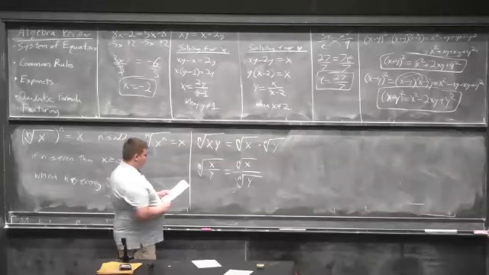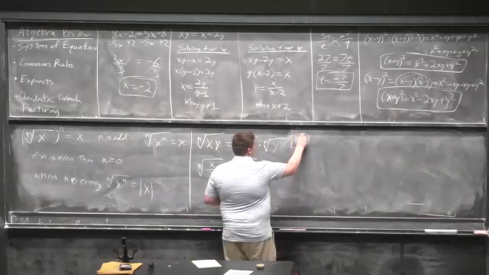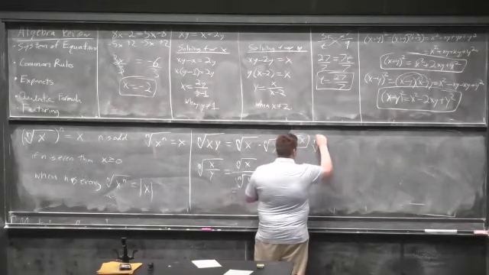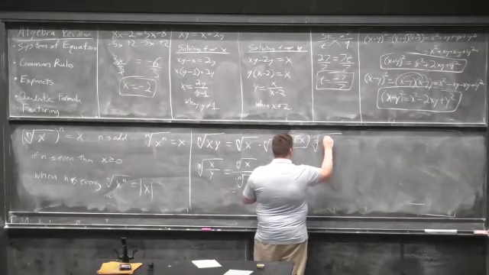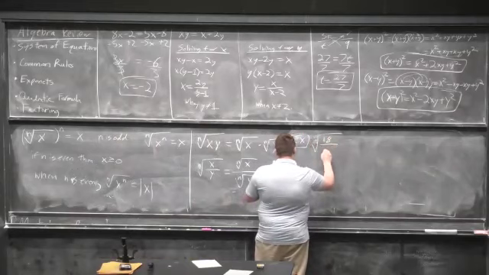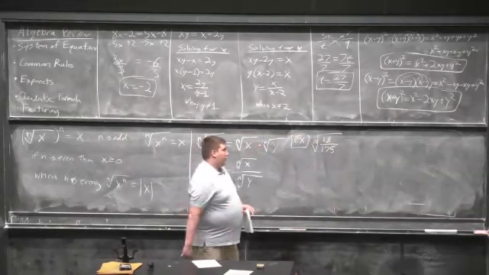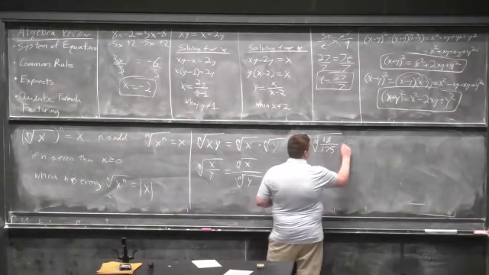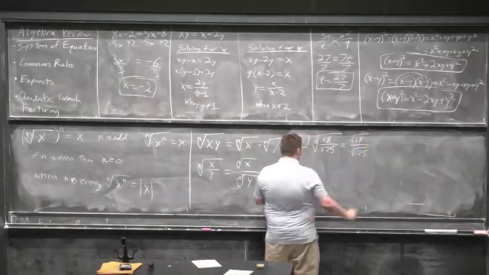So, an example of this working, let's do the square root of 18 over 175. My first step would be to split the square root. So I have square root 18 over square root 175.